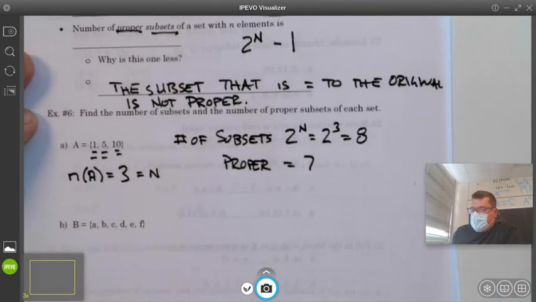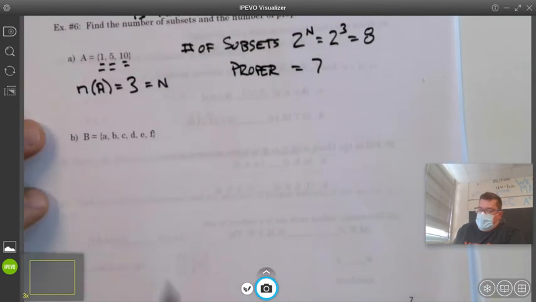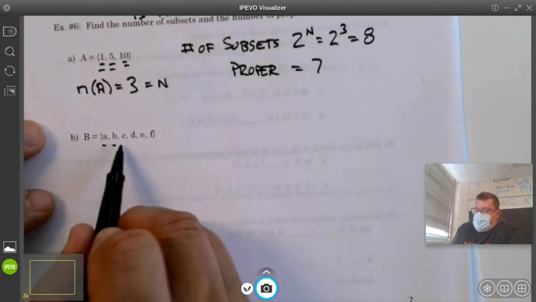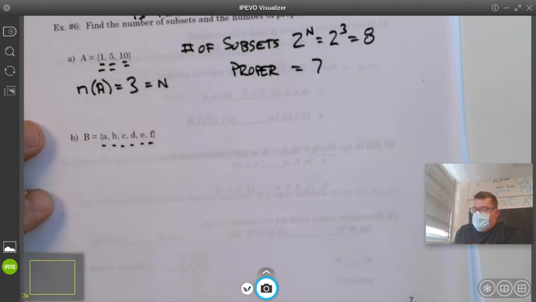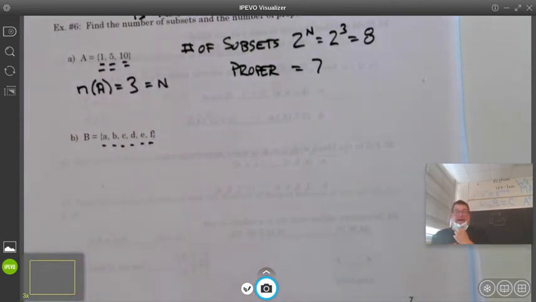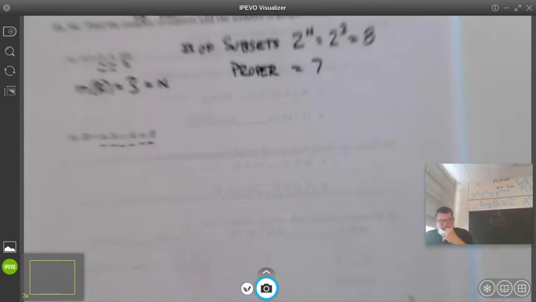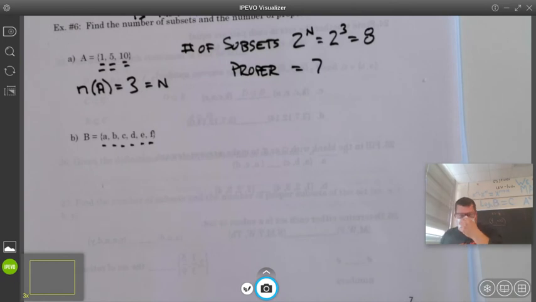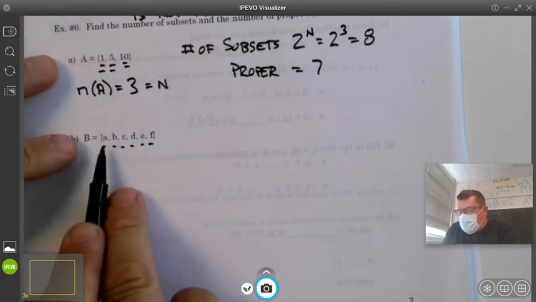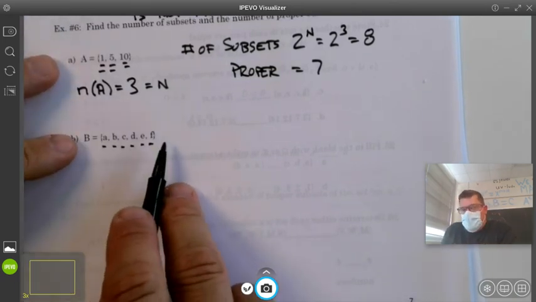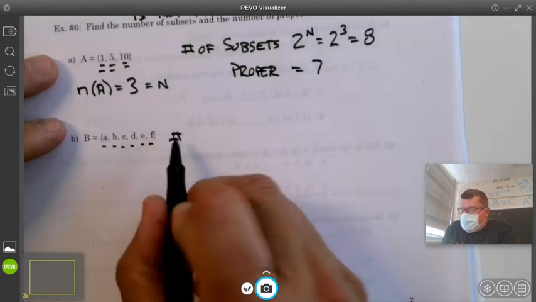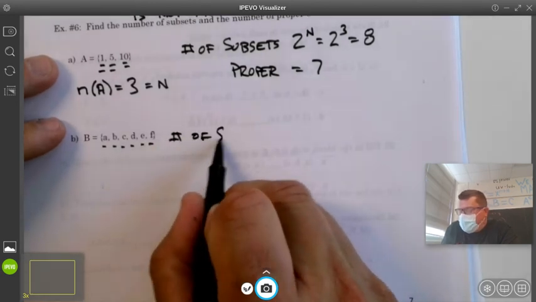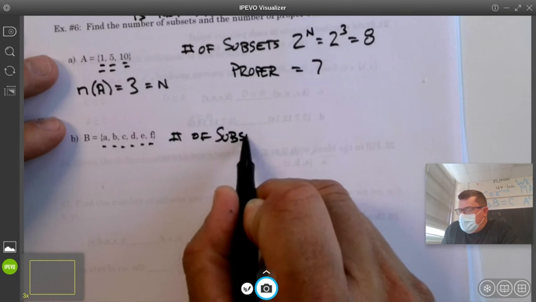You guys try part B. Count up the cardinality, figure out how many elements are in there. Remember, if there's ever a repetition of one of the elements, don't count it twice. And once you figure out how many elements you have, use the formula. The number of subsets is, anyone?